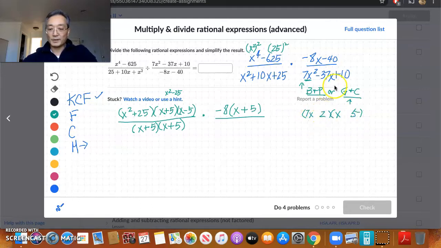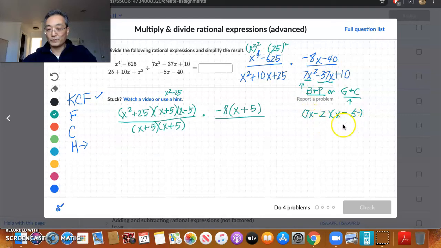The reason being is that I need to have minus 37x as the middle term, that's the sum of the inner and the outer. So 7x times 5 is 35, and then 2 times x is 2x, so I'm going to get 37x. These are both going to be negative, because the product has to be positive, but the sum has to be negative.